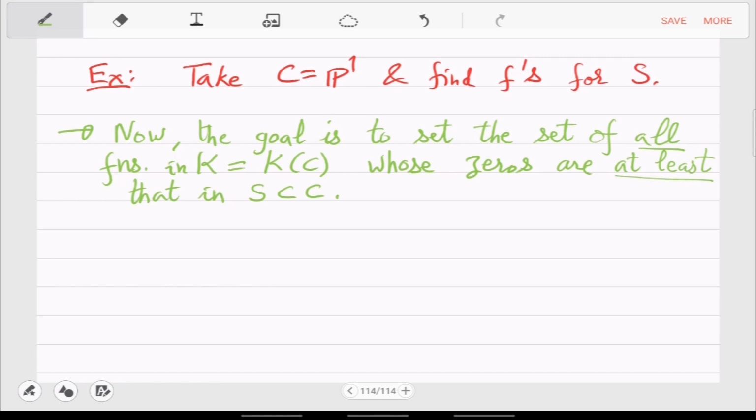It should be easy for you to see that the set of those functions is a vector space, because if f1 and f2 have zeros coming from S with the specified multiplicity, then f1 plus f2 also satisfies that condition. So you can add these functions, and you actually get a vector space.